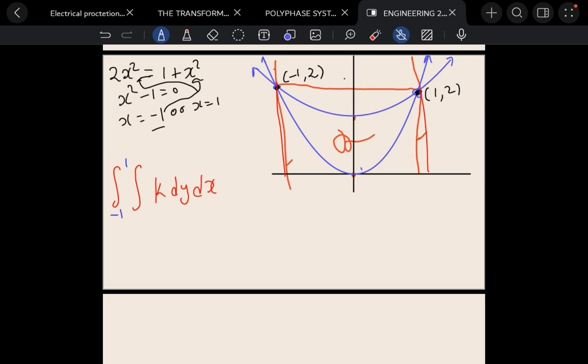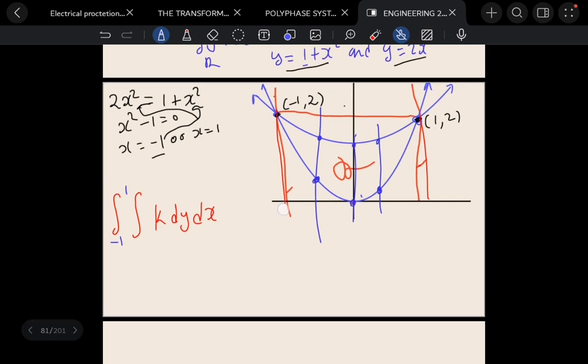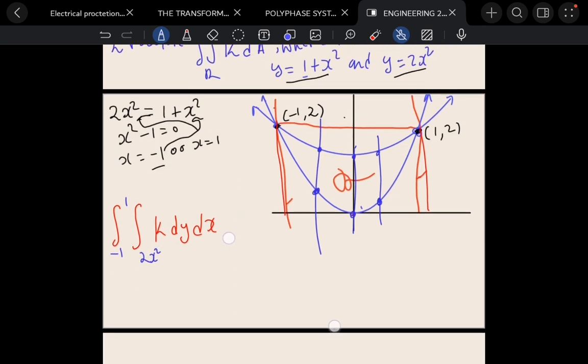And then for y, I'm just going to draw a vertical line from bottom to top, anywhere in your graph. You'll see that your bottom graph is 2x squared and your top graph is 1 plus x squared. And then now you can integrate.